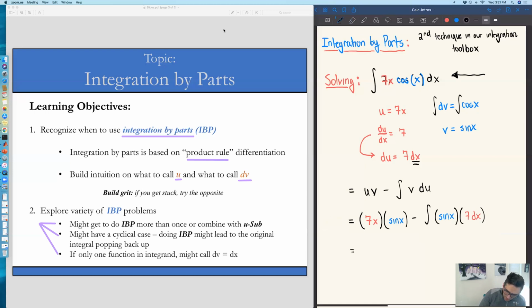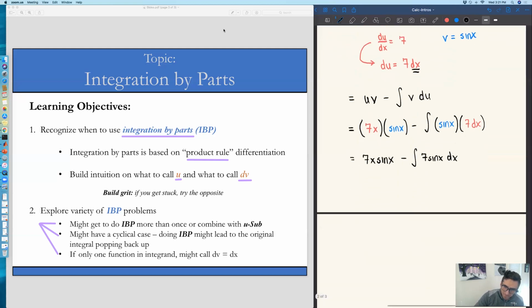So this first piece is just 7x all times sine of x. Nothing changes there. This integral we get to do as well, minus the integral of 7 times sine of x dx. And again, as long as we can do that integral, we've completed our original integral using integration by parts.